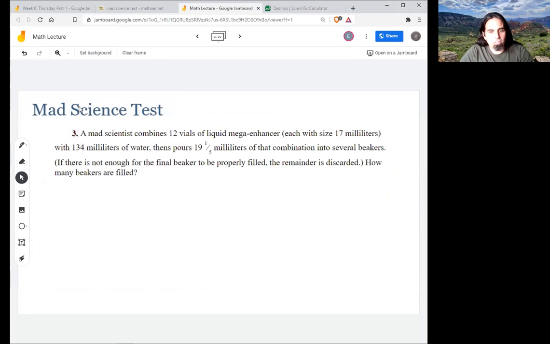So a mad scientist has 12 vials of liquid something. So I'm going to draw 12 little vials. 1, 2, 3, 4, 5, 6, 7, 8. These really don't look like test tubes, do they? They kind of look like Playmobil people. Anyway, each one has 17 milliliters.